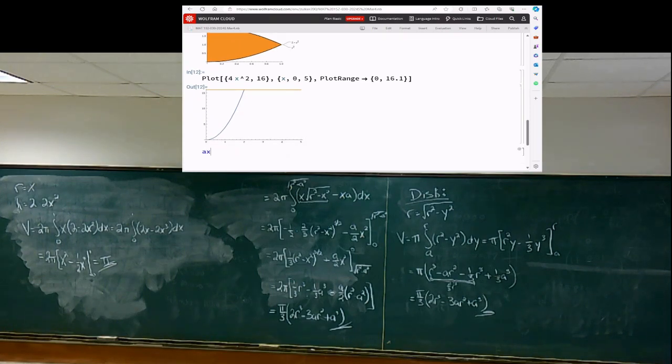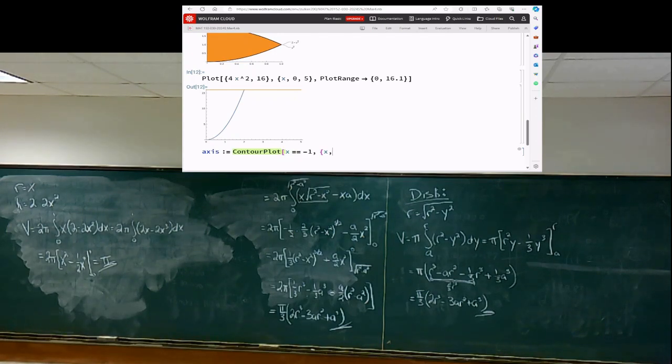I'm going to start with the axis of revolution. So it's the line x equals -1, which means I need to use ContourPlot. Plot only works for y equals f of x. X equals -1.